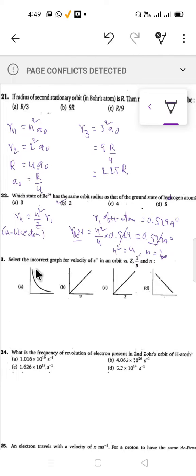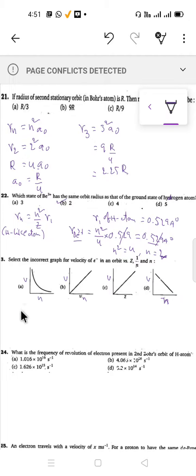Next, select the incorrect graph for velocity in an orbit versus Z, 1 by n and n. The values are missing here, so let us correct it. Select the incorrect graph for velocity in an orbit versus Z, 1 by n and n.